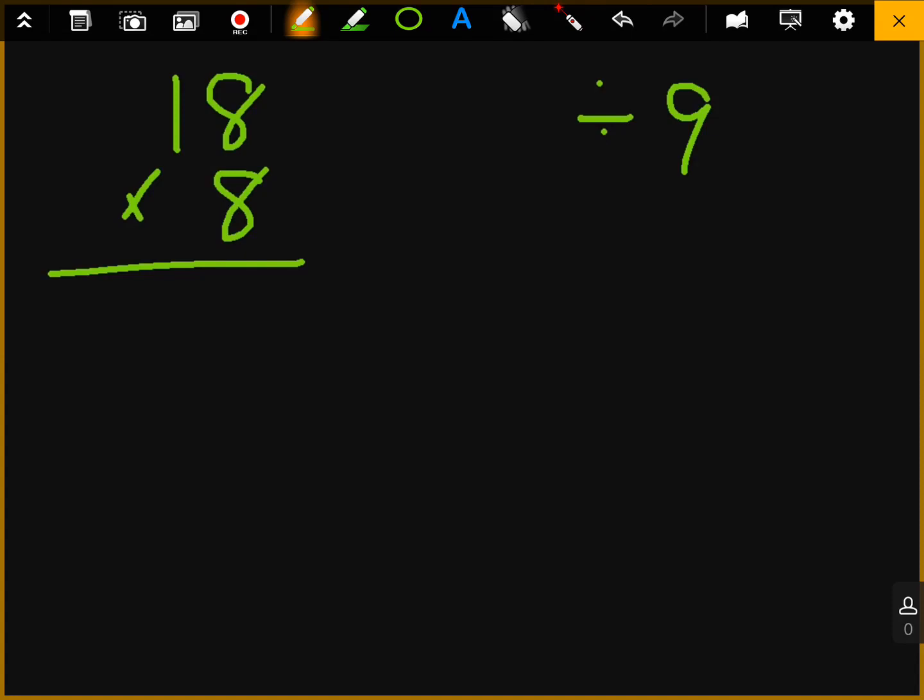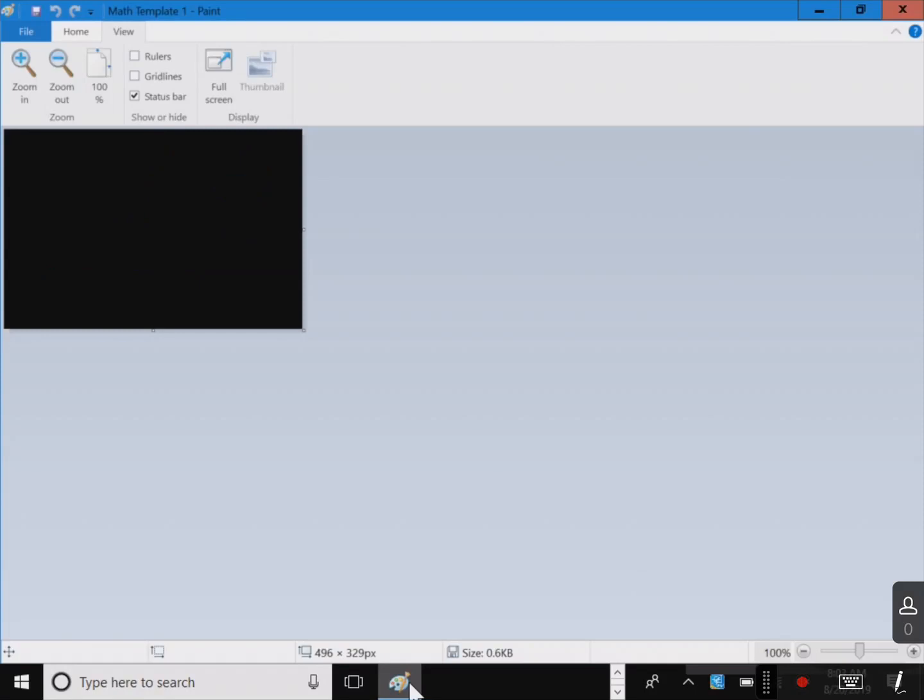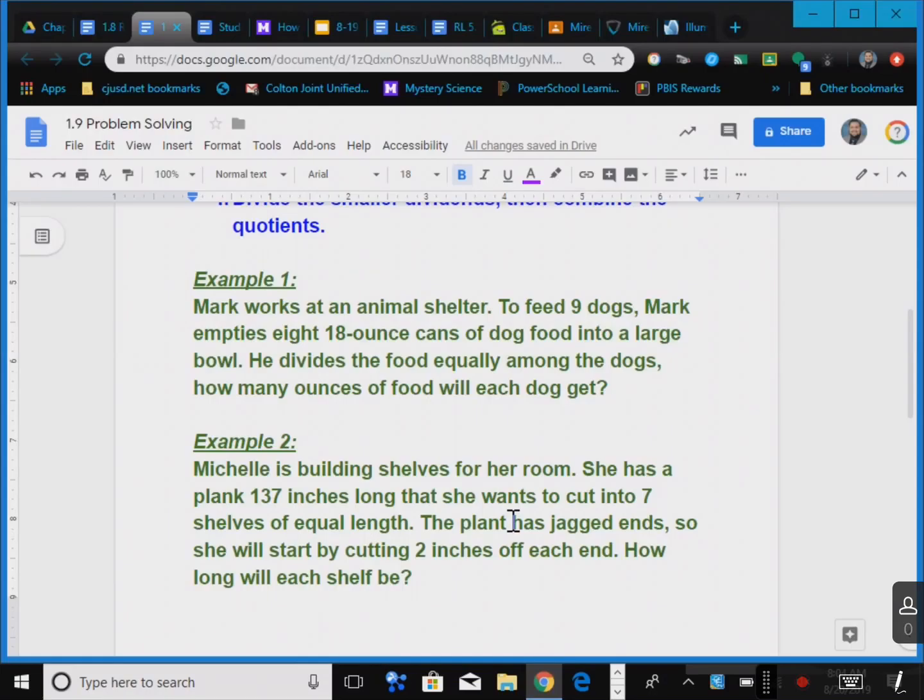So if we go back real quick to the word problem, he has 8 18-ounce cans, so I need those numbers, and he has 9 dogs he has to feed. So whatever you get, you have to divide it by 9. But you have to first combine the 8 18-ounce cans. So that's step 2. What numbers do I need to combine?